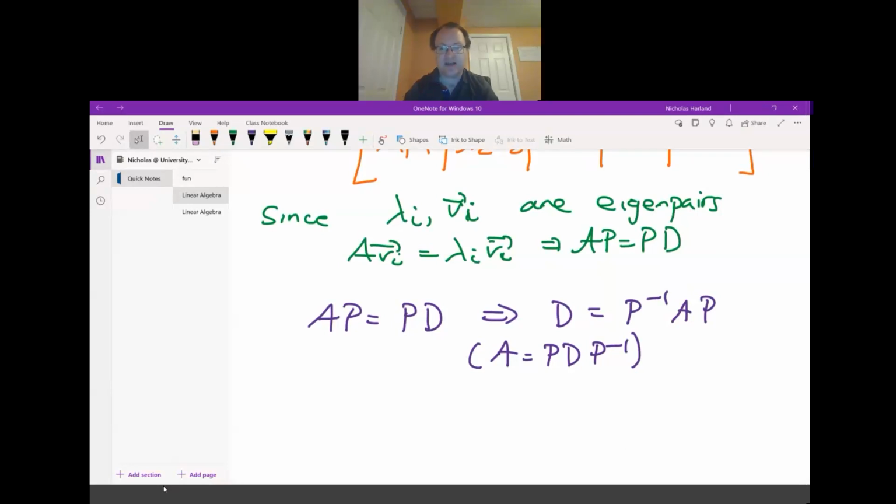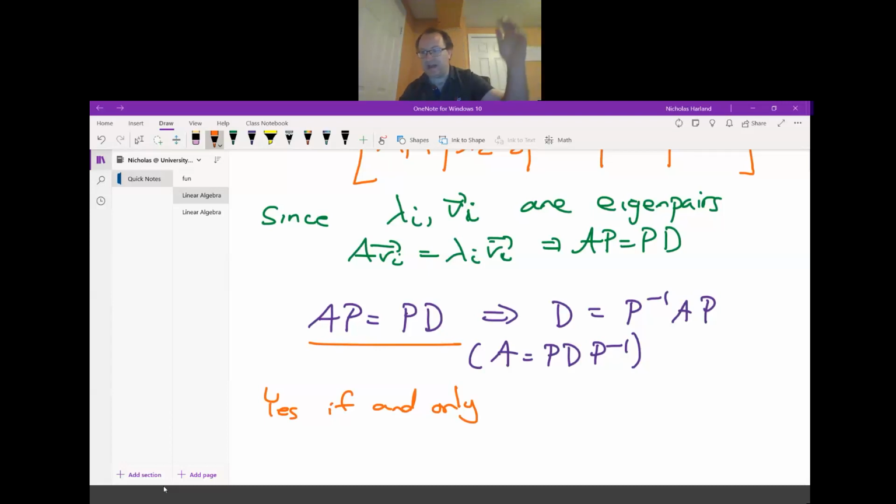And the answer to that is, in general, no, because we need something to be true. Yes, if and only if, well, this statement here said nothing about the invertibility of P. We just stuck random eigenvectors into that matrix.